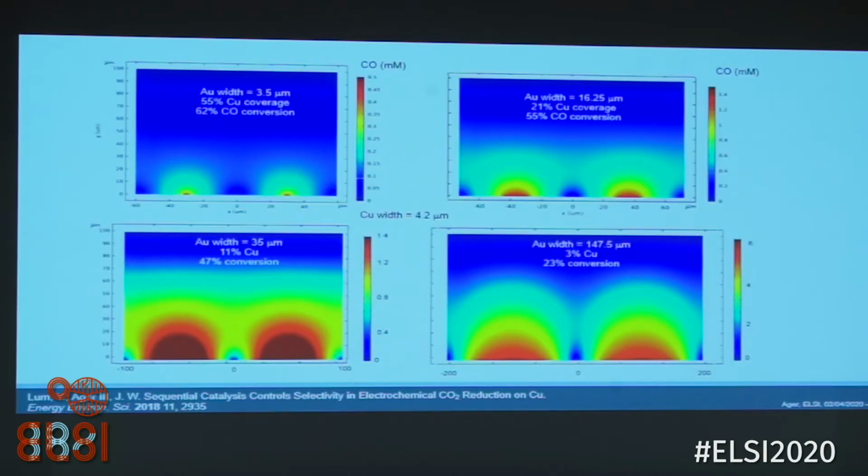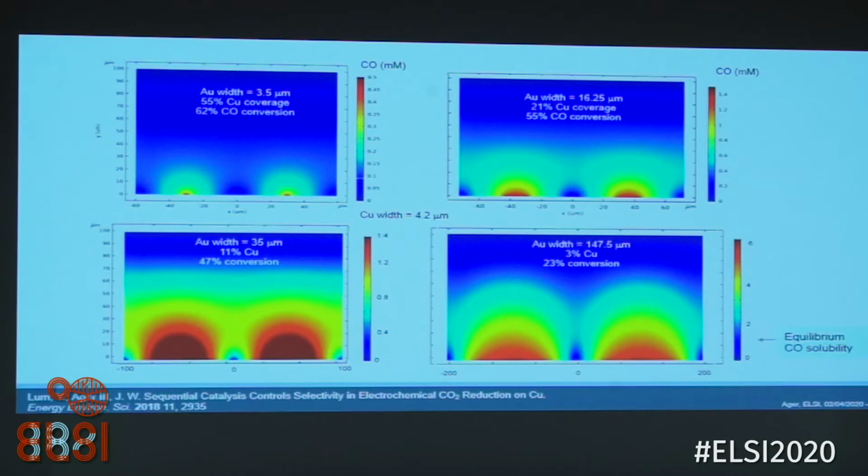Here's the numbers for a number of different widths of the lines of gold that we're going to draw. We're actually increasing the width of the gold lines. These are in microns compared to the fixed width of the copper lines, about 4 microns. You can see we can actually get some very large CO concentrations.